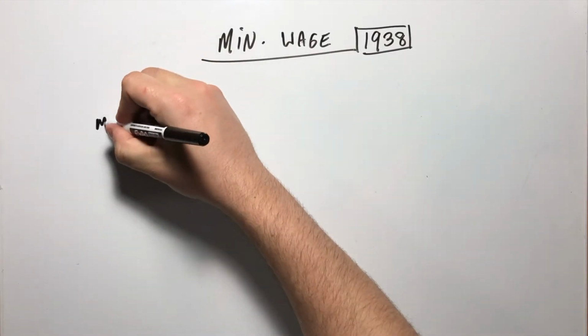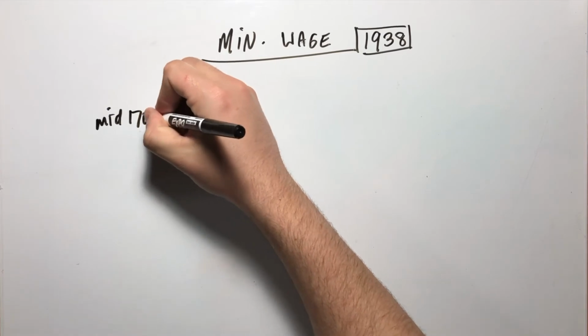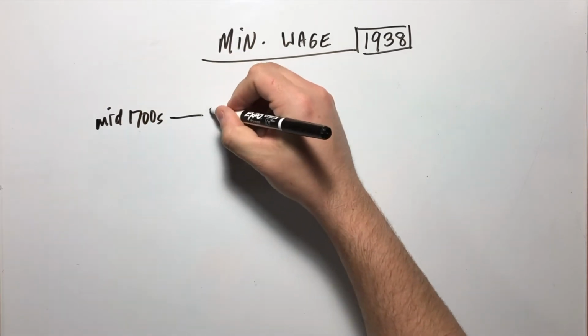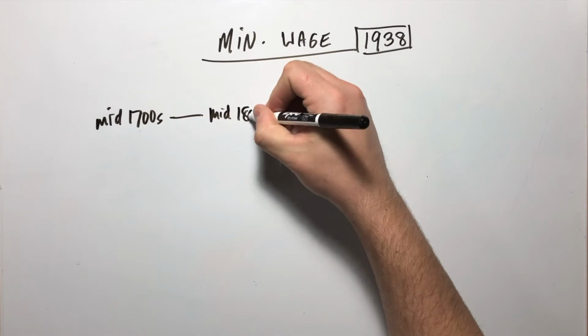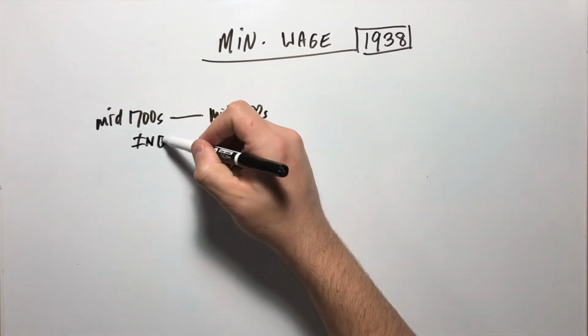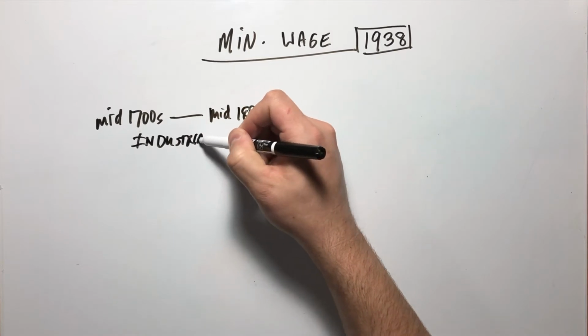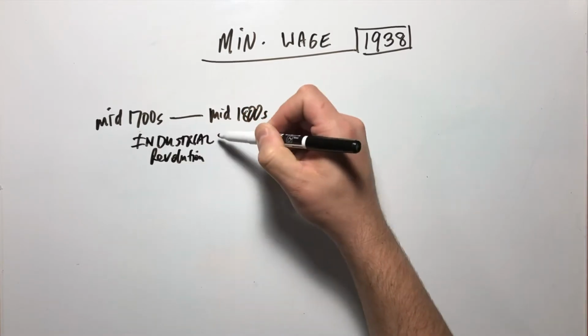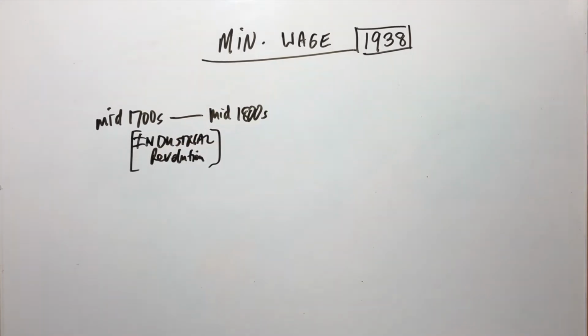Between the mid 1700s to the mid 1800s, we had an industrial revolution. And what this meant was that factories were being built, products were being produced at a much faster rate than ever before, and that people were migrating to cities in order to fill jobs.